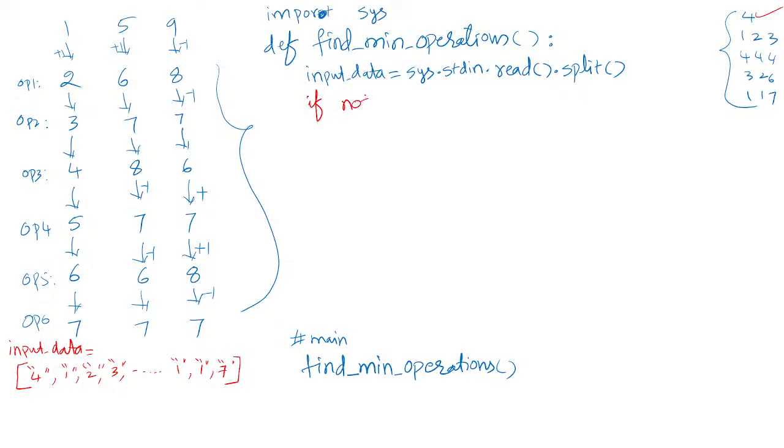If not input data, that means if the read function fails and nothing comes into input data, then input data contains an empty list. If input data is empty, you haven't read any values, you cannot do processing, so you simply return.